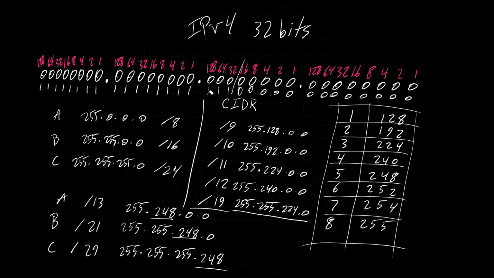If I erase again and go back, let's count 11, because these are the number of network bits turned on. Left to right, ones represent network bits, zeros represent host bits. So we count 1, 2, 3, 4, 5, 6, 7, 8, 9, 10, and then 11. This is our cut line. All the rest is 0.